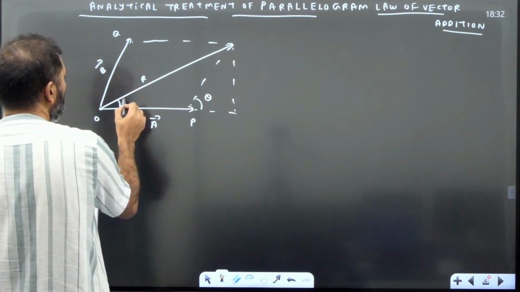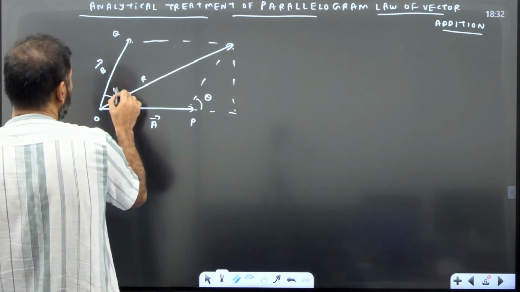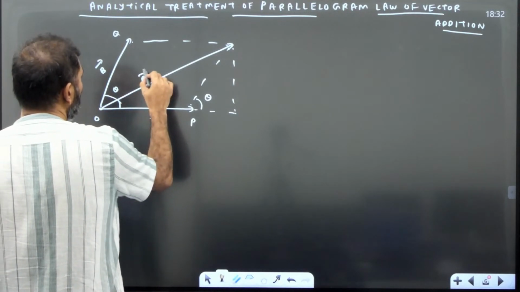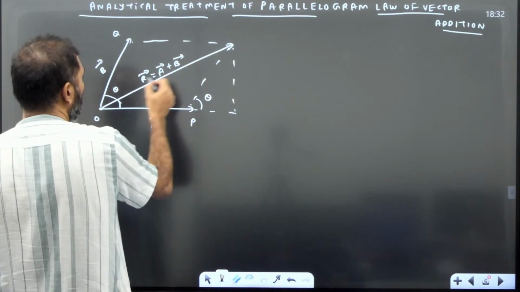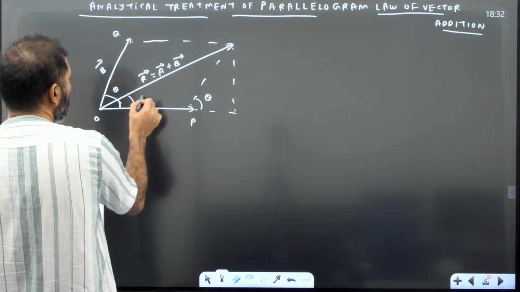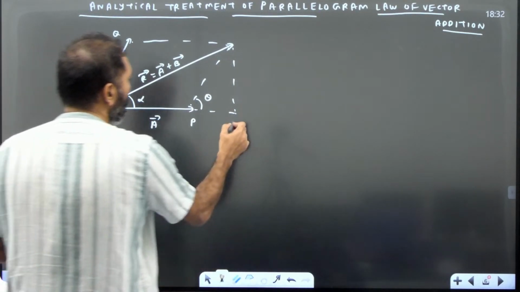Angle between A vector and B vector is theta. Angle between resultant vector and A vector is alpha. This is PNS.